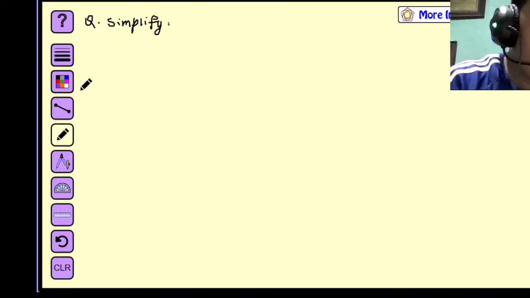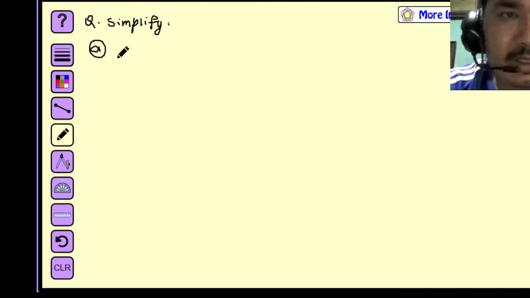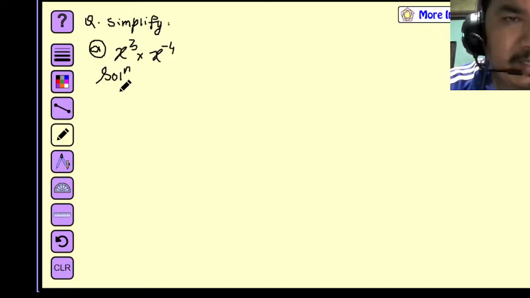Suppose the question is given like this, what will you do here? Look, I am solving a number. The question given is x to the power 3 multiplied by x to the power minus 4. As we know, while solving we have to write a solution. Write the question once again: x to the power 3 multiplied by x to the power minus 4.